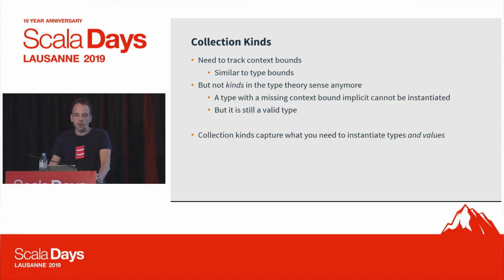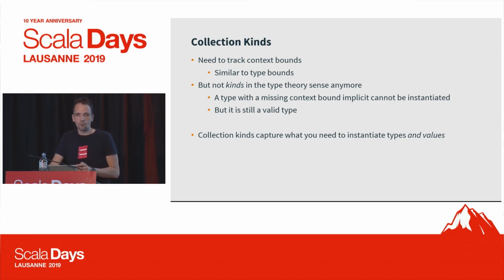What we need to do mostly is track context bounds. A context bound is similar to a type bound, but not quite. The main difference where we deviate from the type theory definition of a kind is that a type with a missing context bound implicit cannot be instantiated, but it is still a valid type.